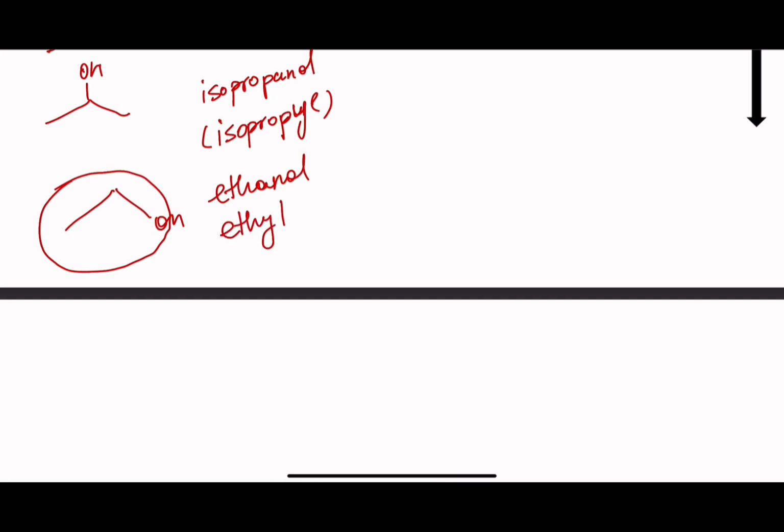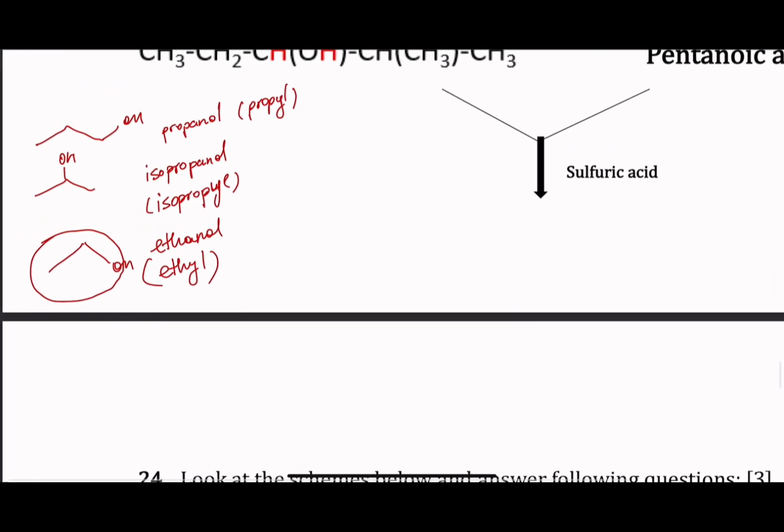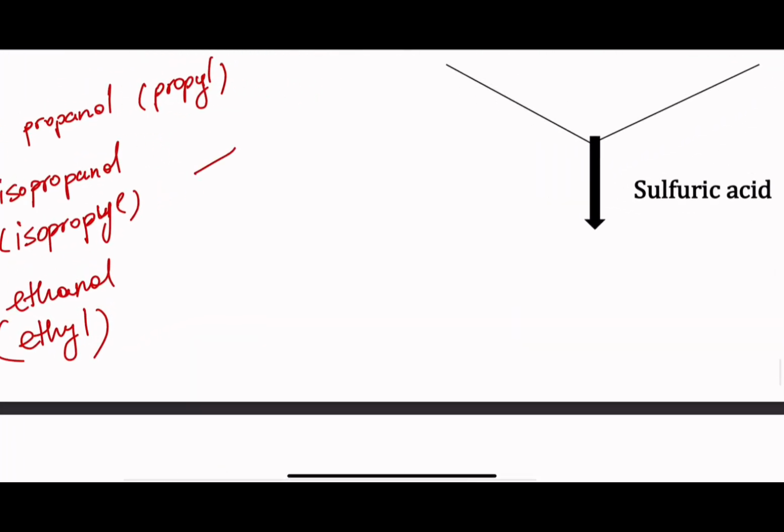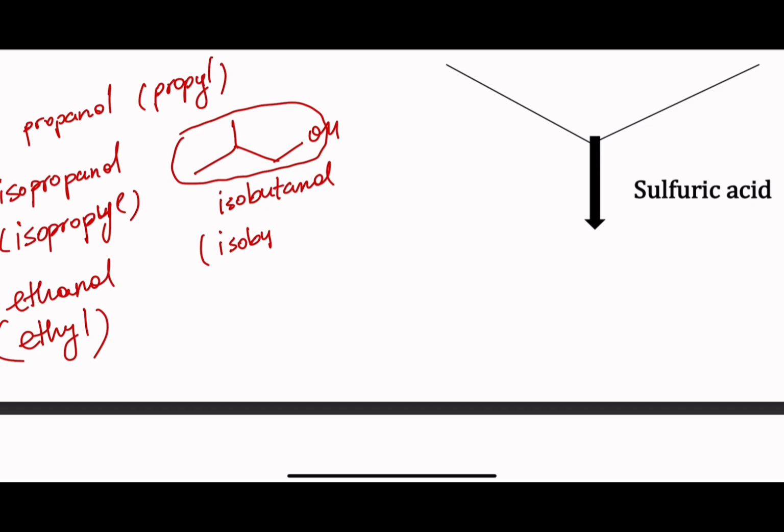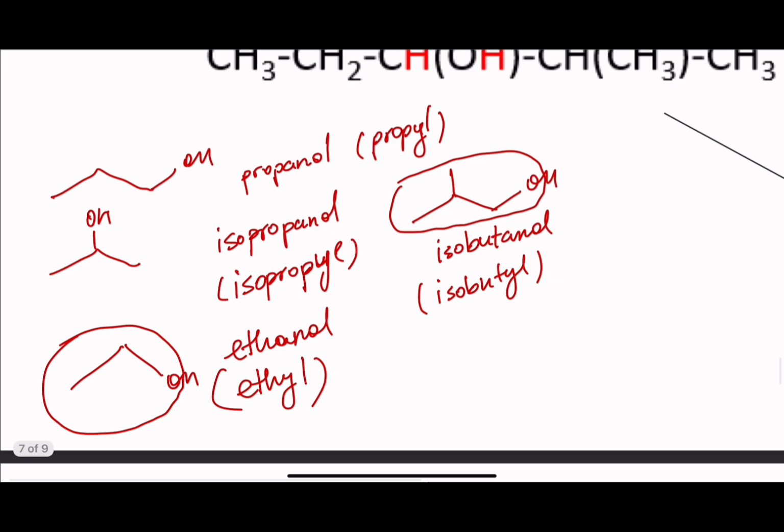Ethyl, right? You need to be able to recognize. And then we have in here isobutanol. And if it becomes a part of ester, do you remember alcohol also has the S? In ester, we have the part that is coming from alcohol. This is going to be called isobutyl, just like this part is going to be called isopropyl.